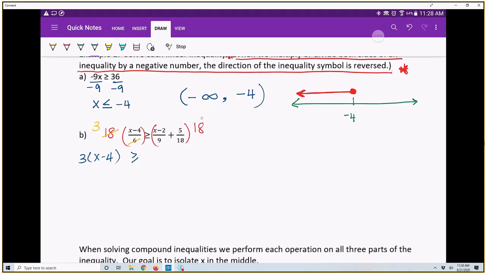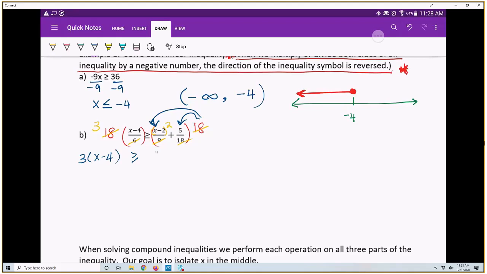And then 18 gets distributed to both places. So when I do 18 over 9, I get to cancel this 9, and I'm going to have a factor of 2 left here. 2 times x minus 2. And then here, 18 times 5 over 18, I just get to cancel the 18s.